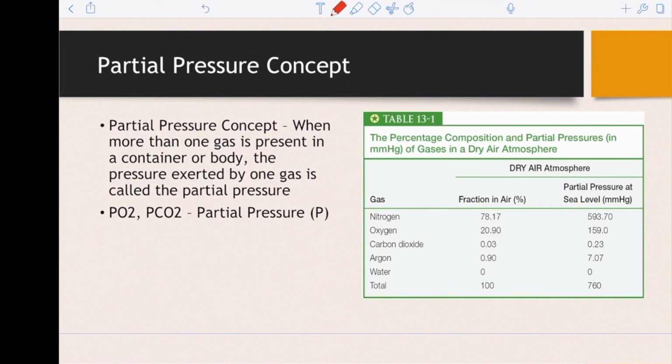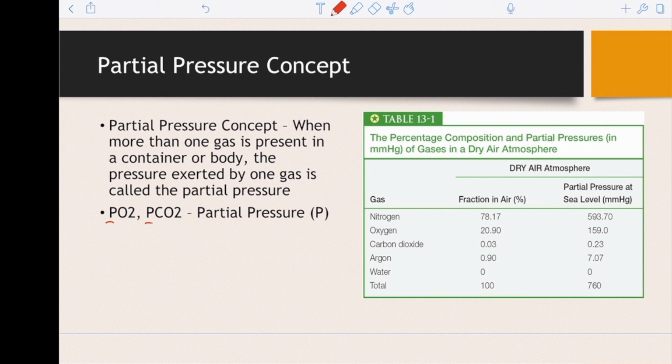To understand this, the first thing you need to understand is partial pressure. Anytime that you see a PO2 or a PCO2, all that's telling you is the partial pressure. This comes into play when you're dealing with gases. When more than one gas is present in a container or within the body, which is always going to happen, you're never going to have 100% of one gas and 0% of the other.